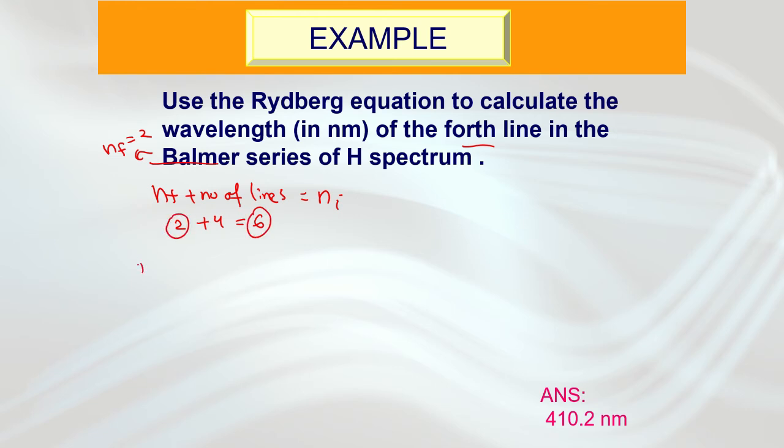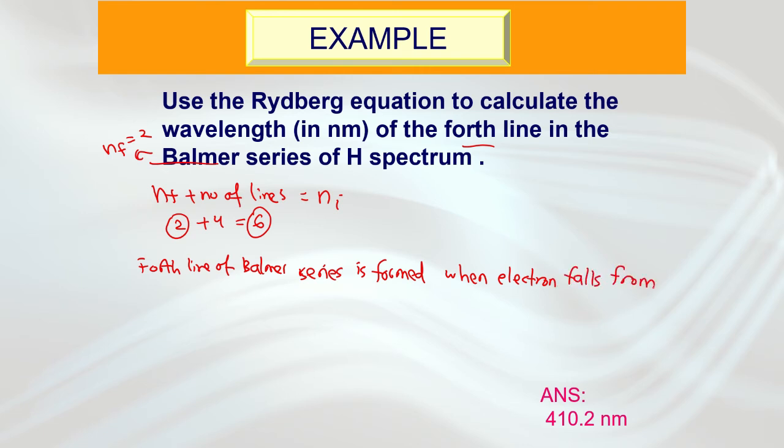So that means the fourth line of Balmer series is formed when electron falls from n equals 6 to n equals 2.